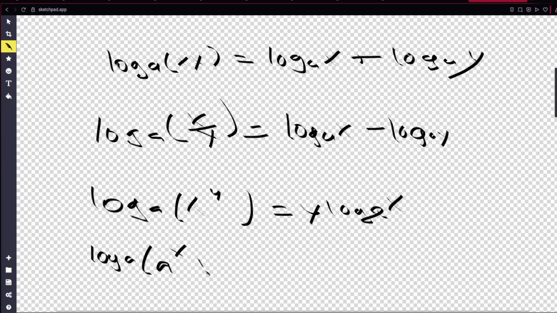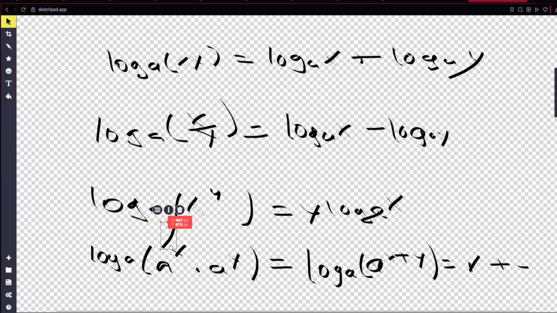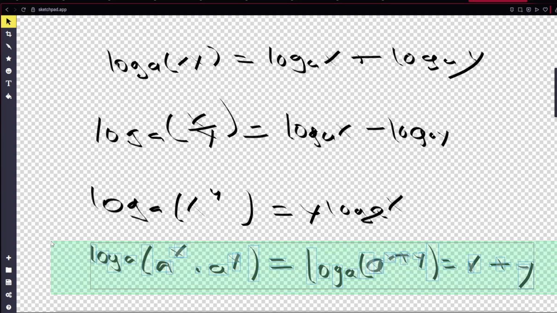So let's say a^x times a^y, which you can write as log_a of a^(x+y), which is just going to be equal to x plus y. But obviously I took a shortcut there, so that's the logic there.